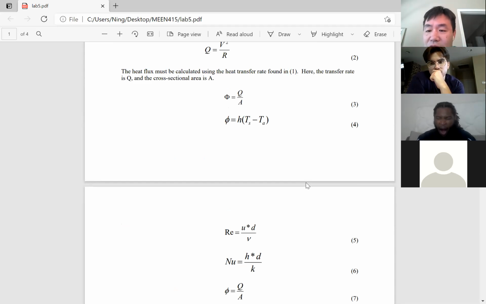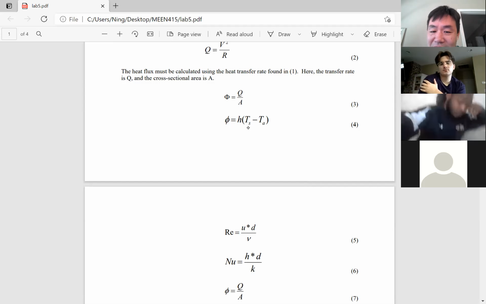Okay, so this time we don't change the wind speed. We set the wind speed constant. But what do we change? We change the surface temperature. With the constant wind speed, I can turn up the voltage, make the surface temperature hotter, right? Or I can turn down the voltage, make the surface temperature cooler, lower.